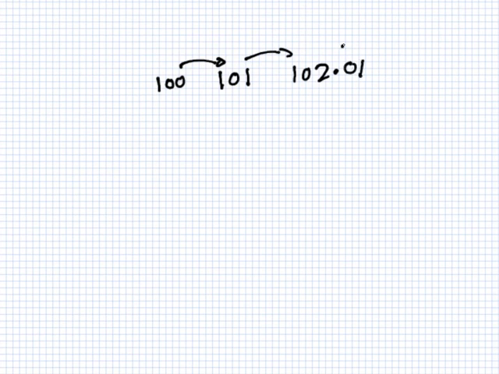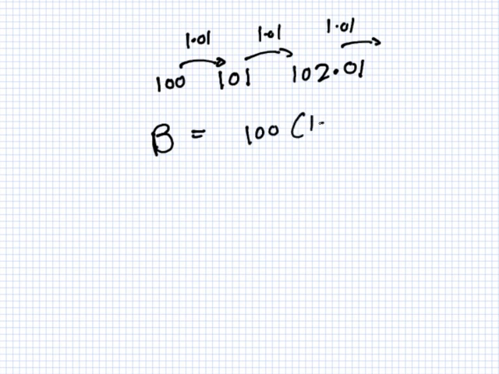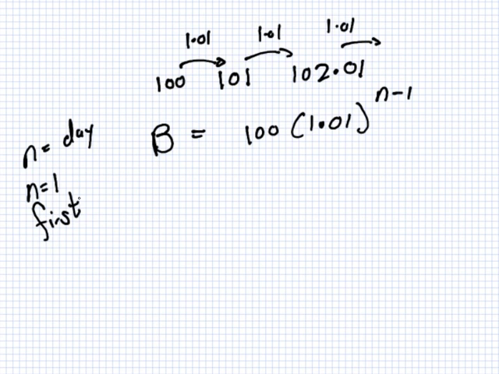So each time we're multiplying by 1.01. As you were saying, it is a bit like a GP, where your bank balance will equal 100 times 1.01 to the power n minus 1, where n is the day number. For example, if n equals 1, that's at the end of the first day.